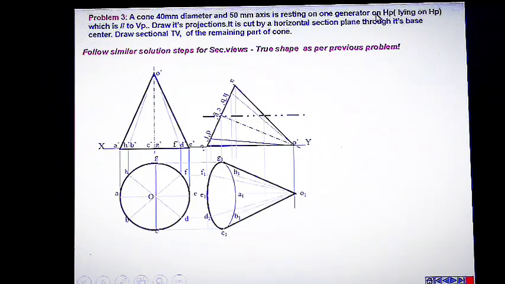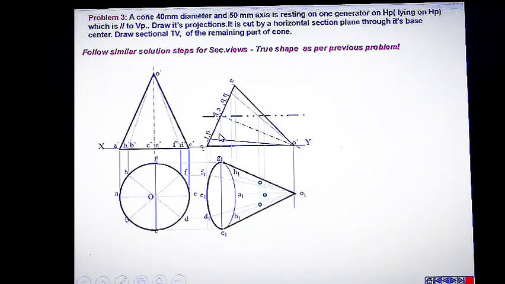And here now the intersecting points of this cutting plane with the surrounding generators we have to locate. For that, the intersecting points can be dropped down to the second plan and get the corresponding points like this. Intersecting points can be marked directly.